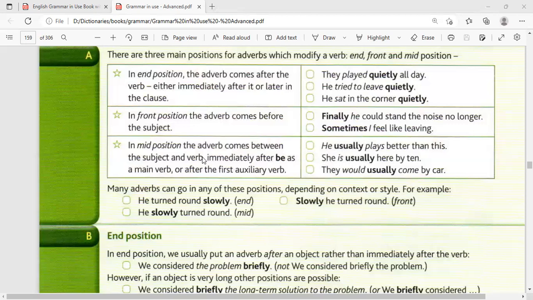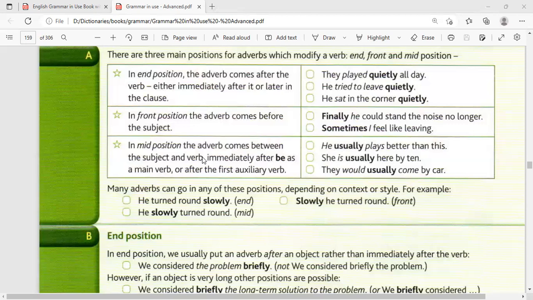The kind of adverbs that come in mid position are the adverbs of frequency. Like when I say he usually plays better than this, or she's usually here by 10, or they would usually come by car.